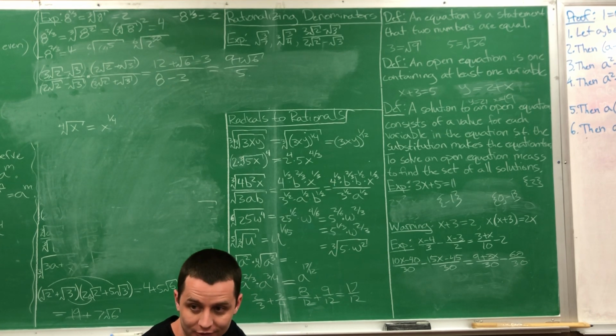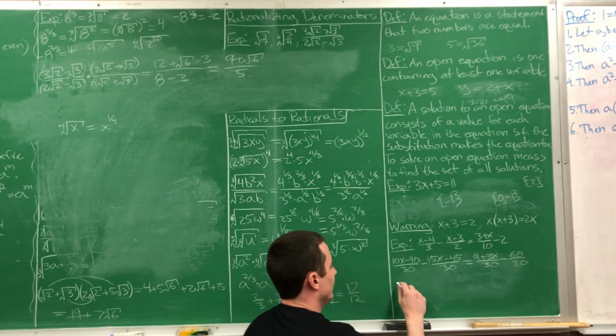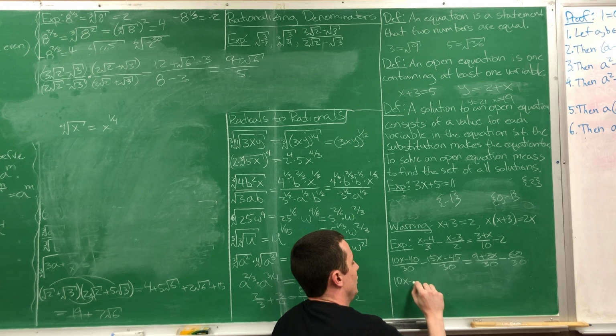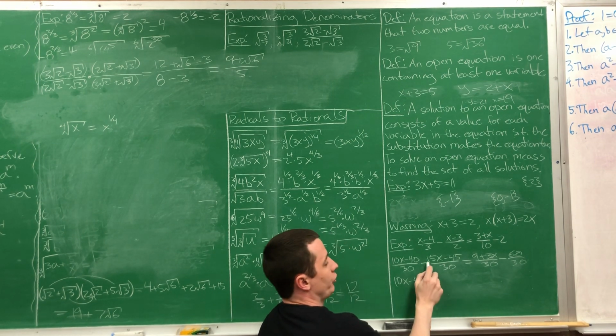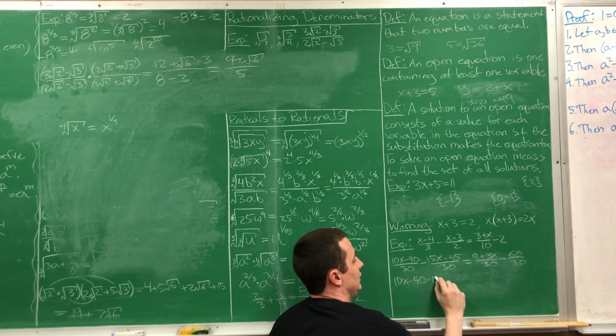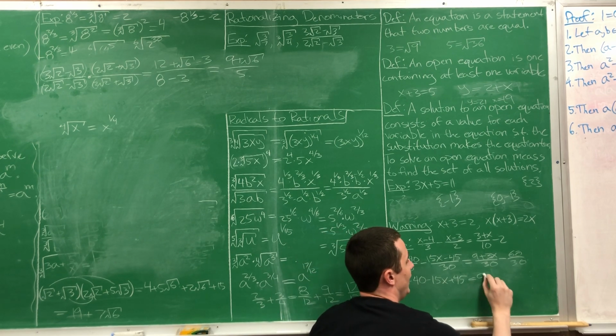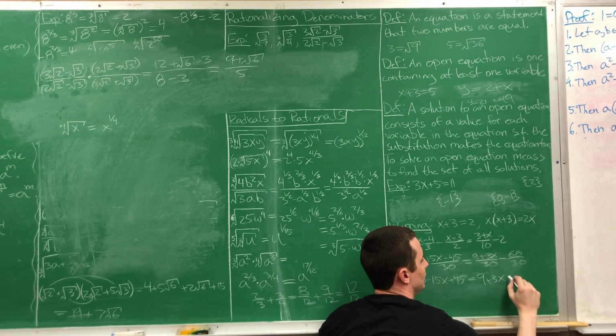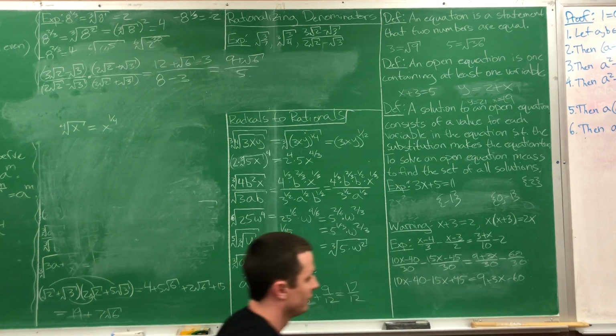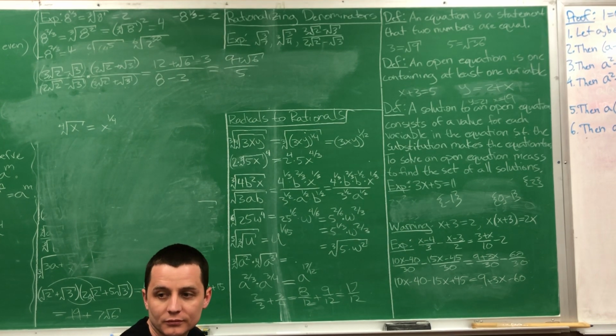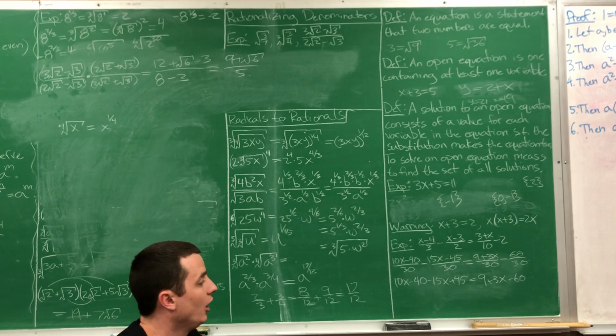So we're good. Now we get 10x minus 40, and I may distribute that negative through, so we get minus 15x plus 45 is equal to 9 plus 3x minus 60. You with me?